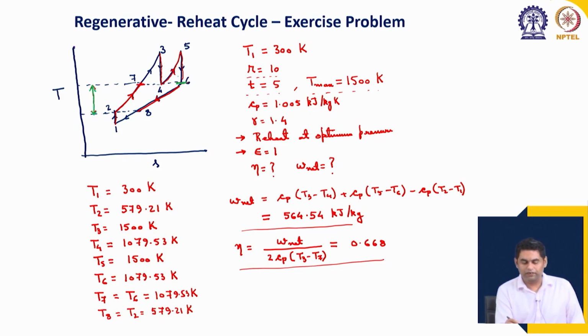By adding reheat we are not only increasing the work output, but also the scope for regeneration, which means that the temperature difference between T6 and T2 is higher. As a result, the regeneration is much more effective when it is combined with reheat. So, the combined cycle gives very high efficiency.